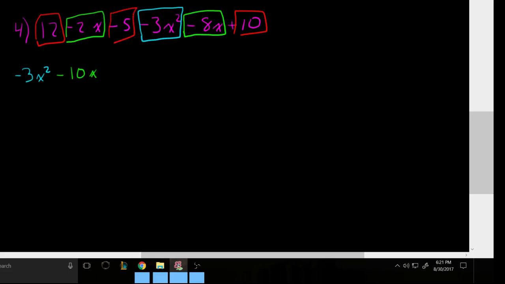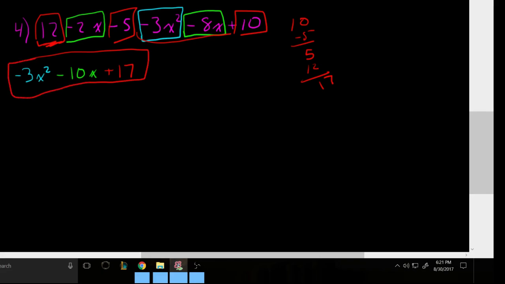So we can take this just one piece at a time. Negative 5 plus 10, or 10 minus 5, is going to leave us with 5. And then if we add on that positive 12, you'll get 17. And we'll just bring that over here, positive 17. That should be your answer for number 4.